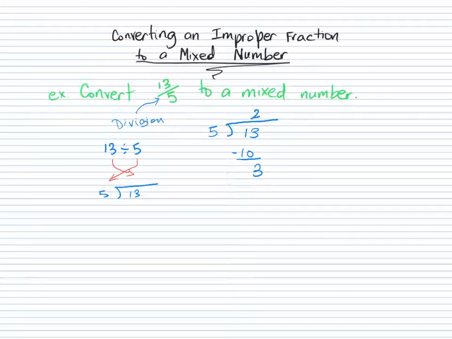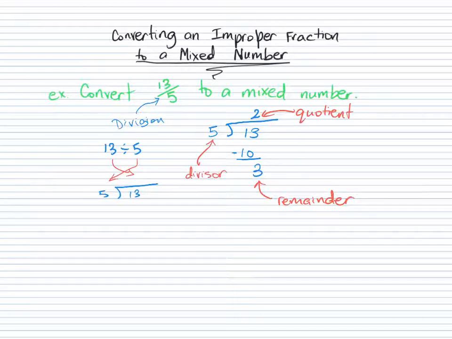Before I keep going and tell you what to do with it, let's look at a few vocabulary things. The quotient is the answer here. What is left is called the remainder. And the number at the bottom of the fraction is called the divisor.